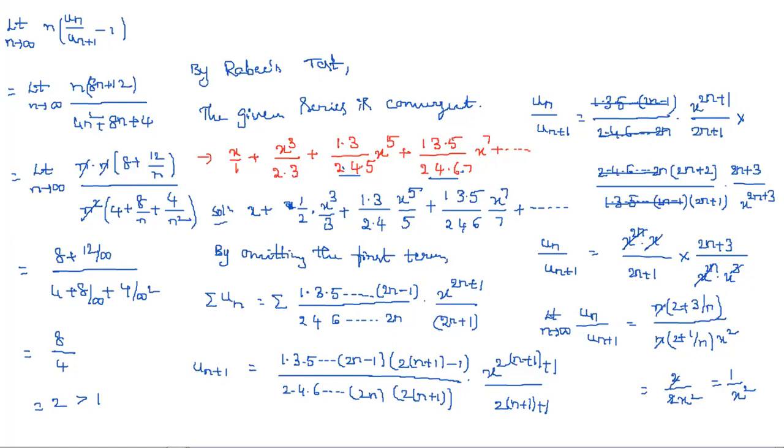So simply what we can write, by ratio test, summation un is convergent if 1 by x square is greater than 1. And next, divergent if 1 by x square is less than 1.